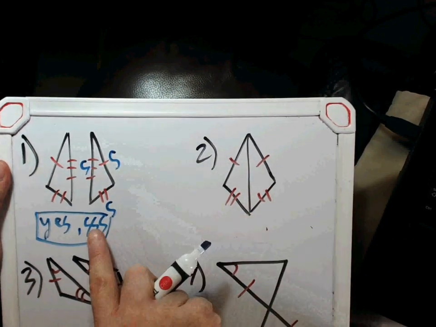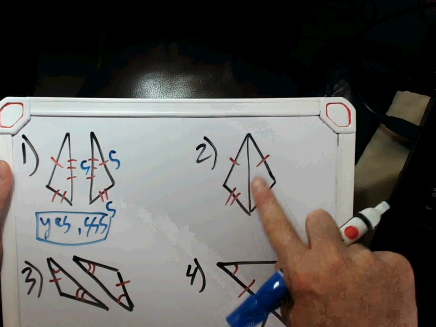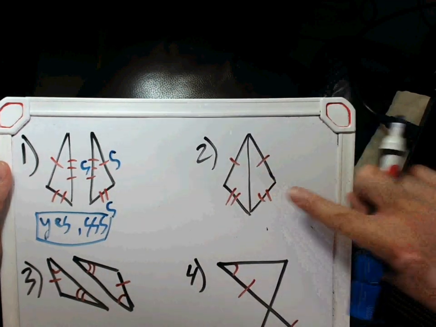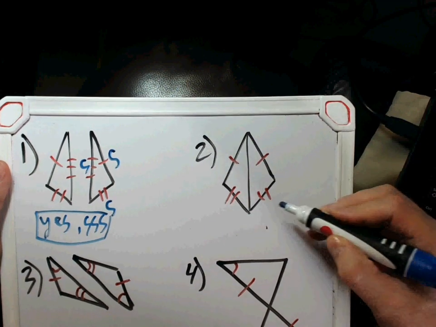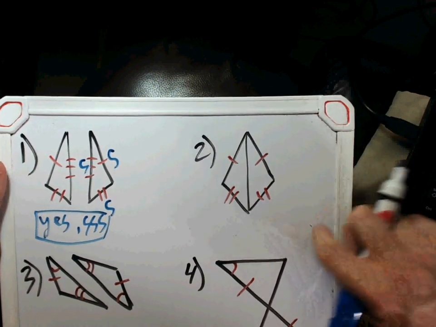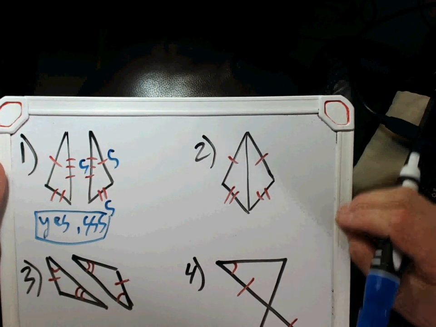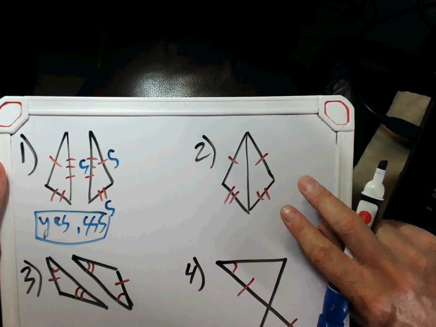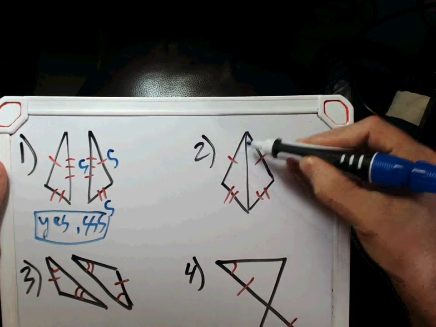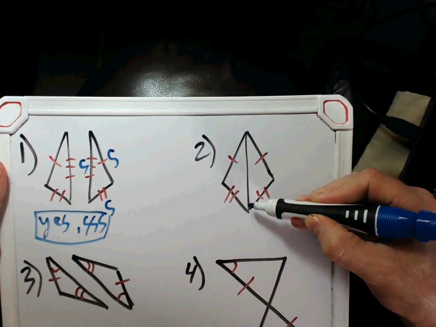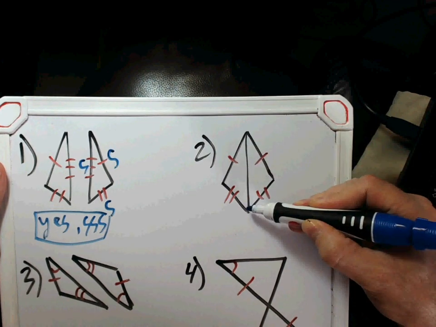It looks very similar to this one, but you'll notice that the two triangles are touching. They're sharing this side here. Okay? So what we can do is we can think, can we mark anything on this picture? That's what you want to do first, is you want to mark something first. In this case, we have two triangles and they're sharing the side, so it's nice to actually mark that it's congruent with itself.